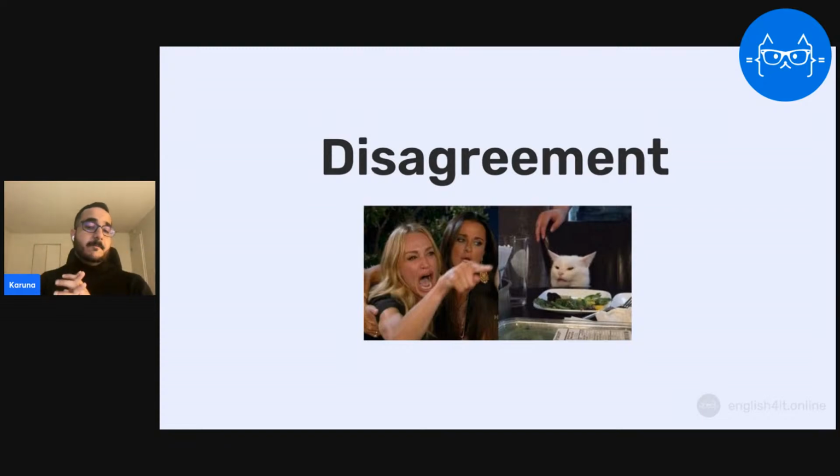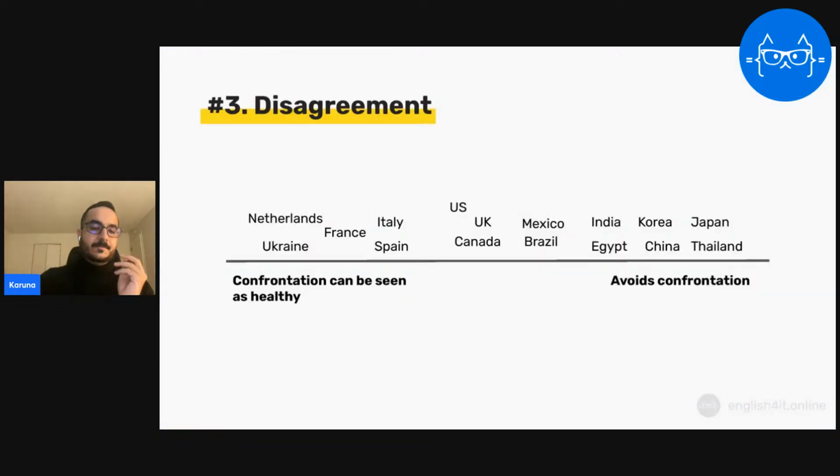Another example of a cultural flashpoint, let's call it, is when it comes to disagreement. Again, we've got the spectrum of countries. This is more of a generalization than a hard and fast rule.